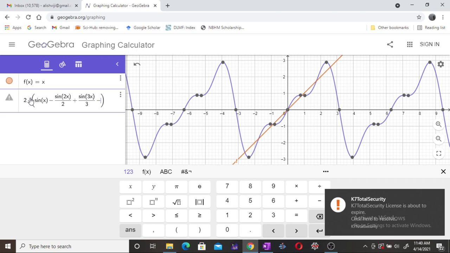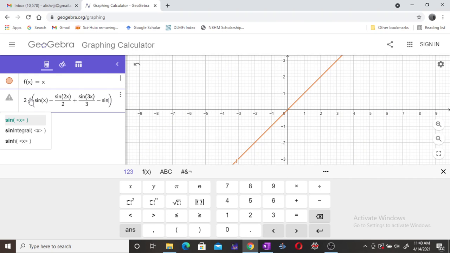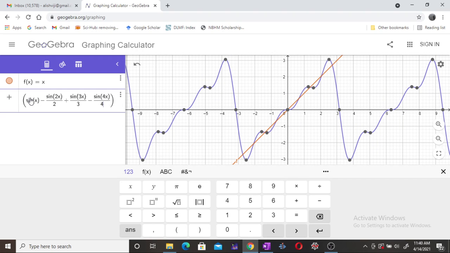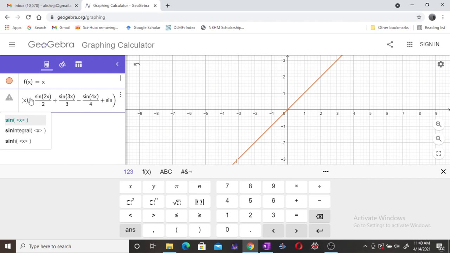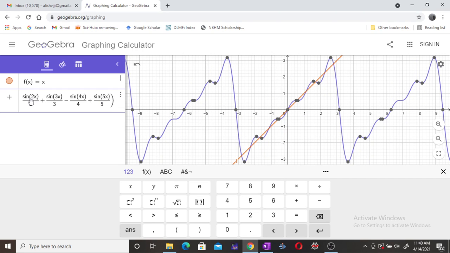Okay, now we add the fourth term, that is minus sine of 4x by 4, then the fifth term, sine of 5x by 5.